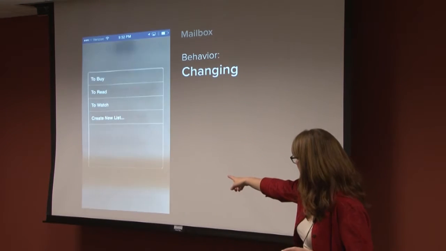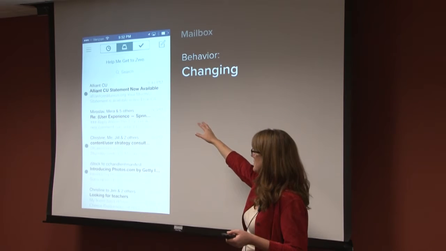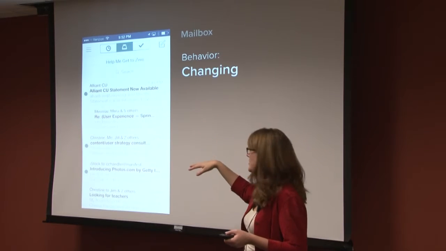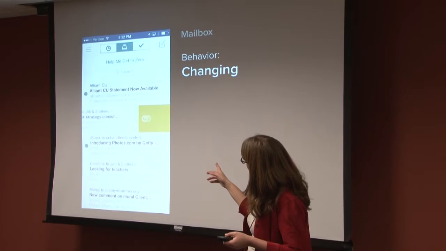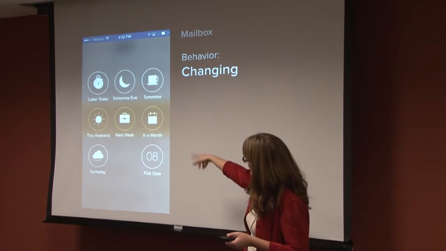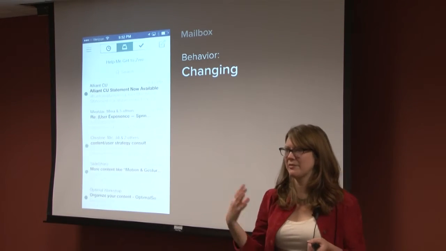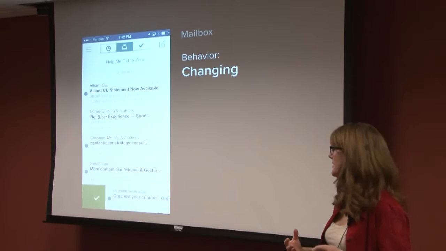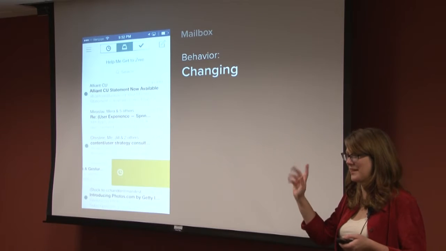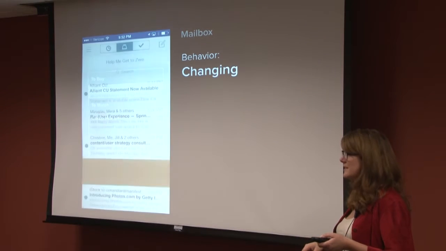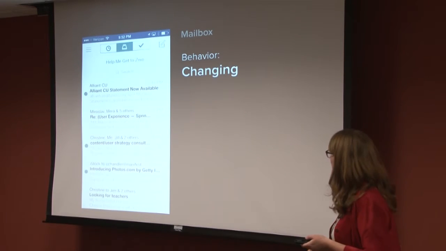If you want to have a to-do, I want to read this later, I want to watch this later, you can choose those. Or here, you can set a time for this to show back up in your list. So if you're somebody who uses your email as a to-do list, but you want to get this down now, that's a nice way to make sure it pops back up for you.